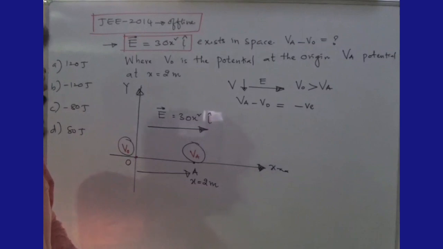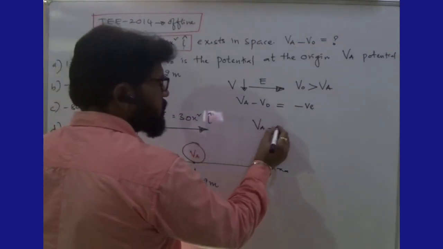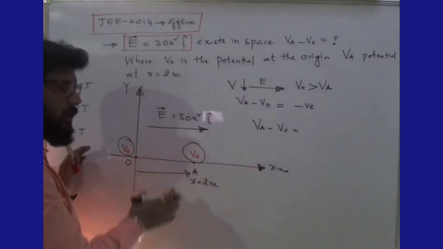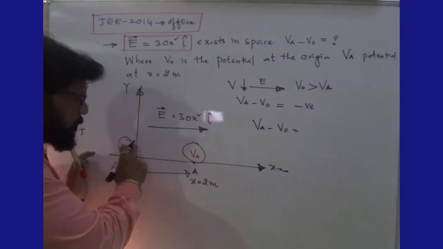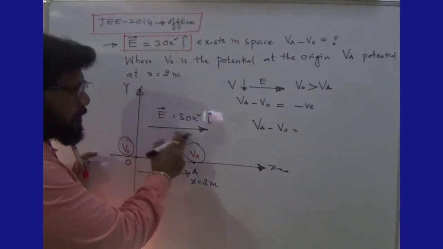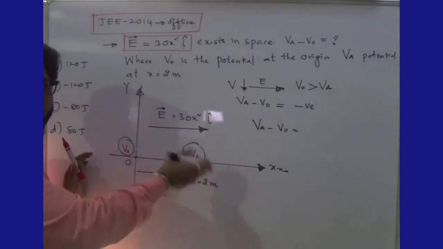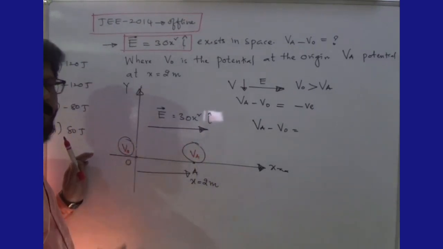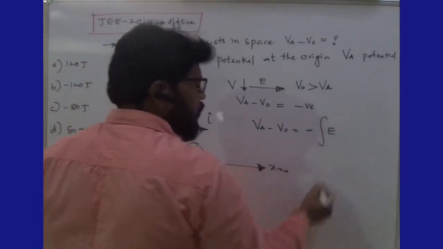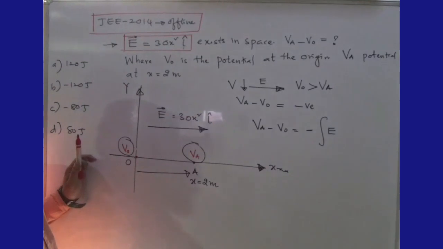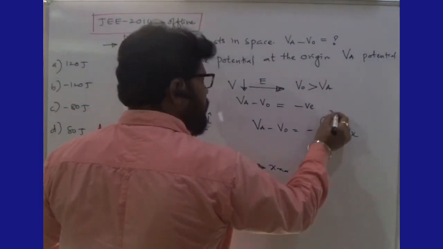Let us see. Directly we will be taking VA minus V naught. If I want the potential between these two points, I am moving a charge from V naught to VA. That means VA minus V naught, final minus initial, which I can write as minus integral of E dx, from 0 to 2.